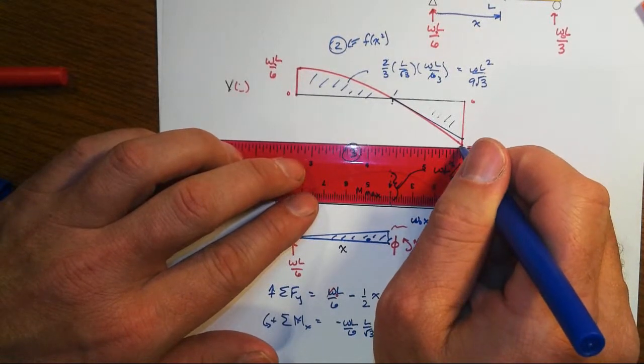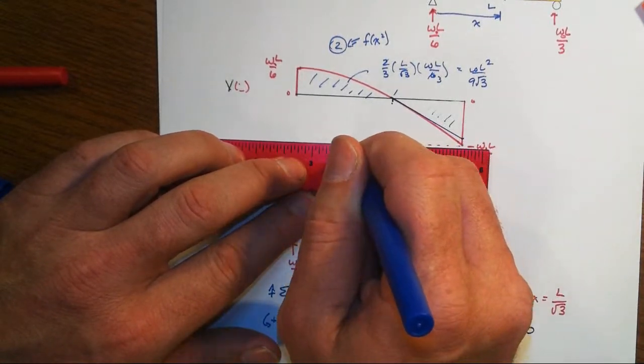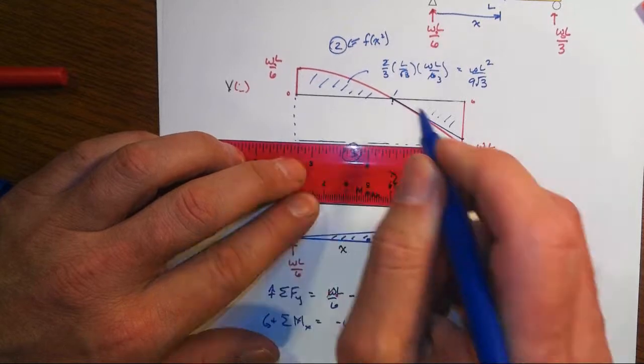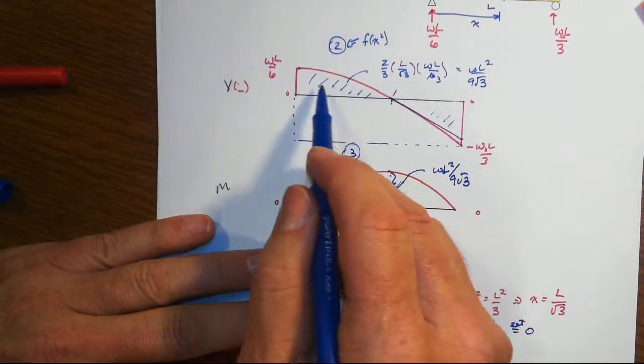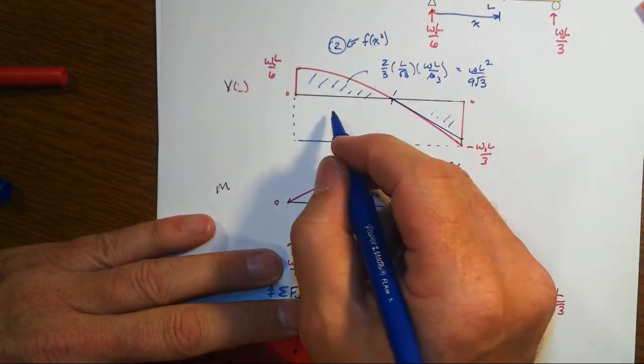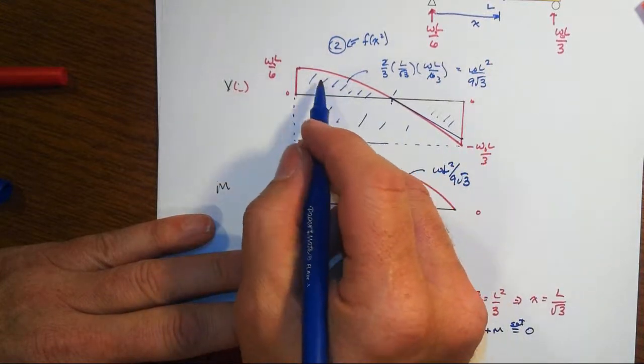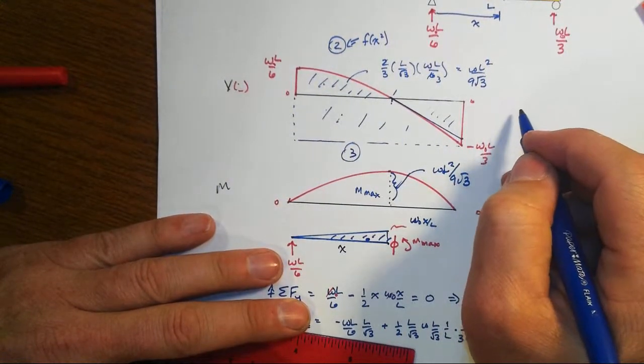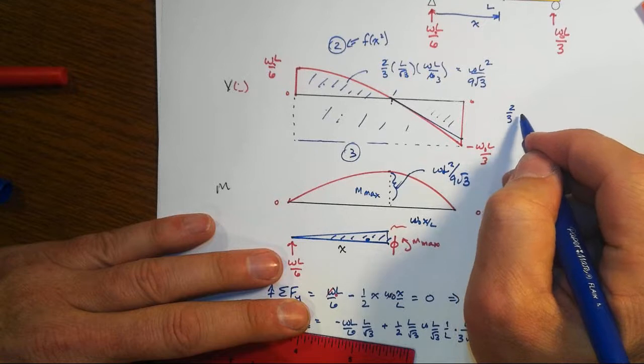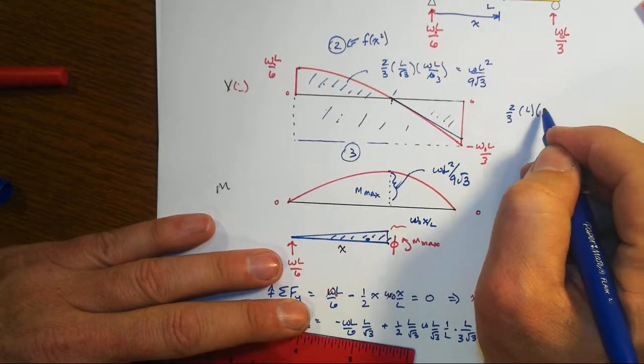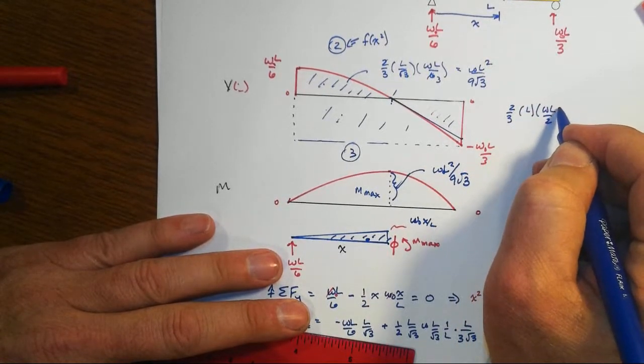But hey, you know what we could also do? Much more easily, we could follow the same overall approach. That total area, this total bottom area, this plus that, is going to be, again, 2/3 of the base of L times the height, which is WL over 2.